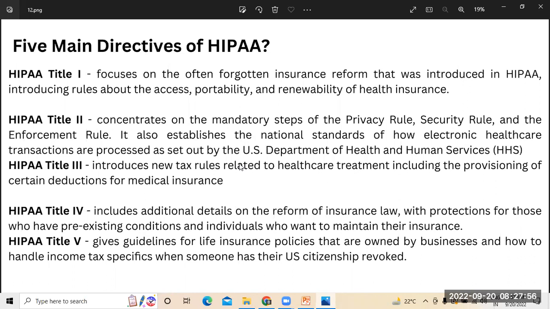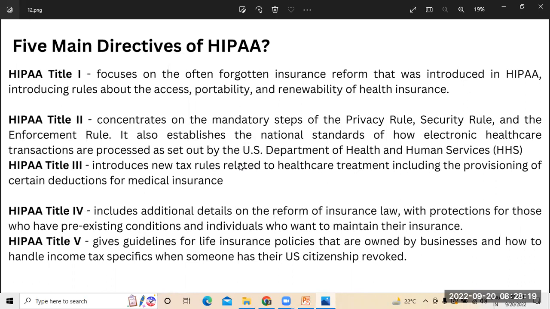So those are constant, but in terms of accessibility, as well as the renewability of health insurance, everything will have some slight changes from one to another. It will not be the same every time, because it depends on the situation.